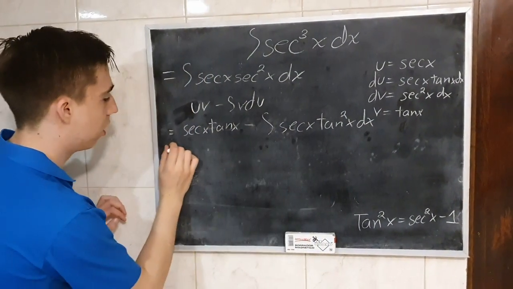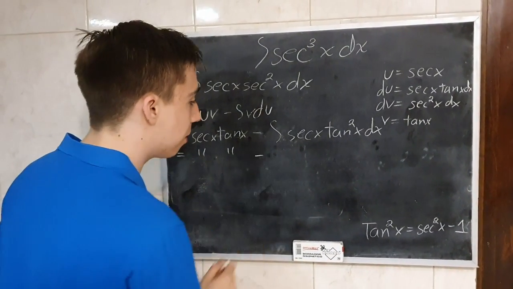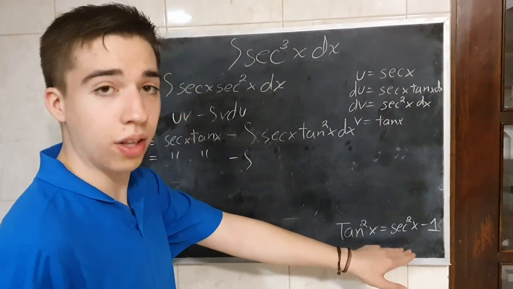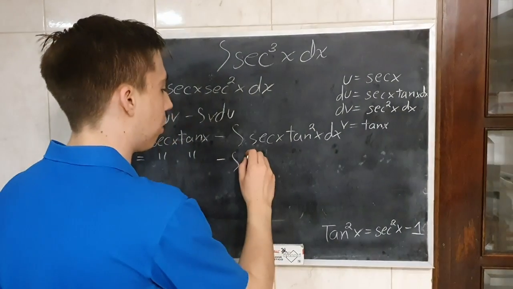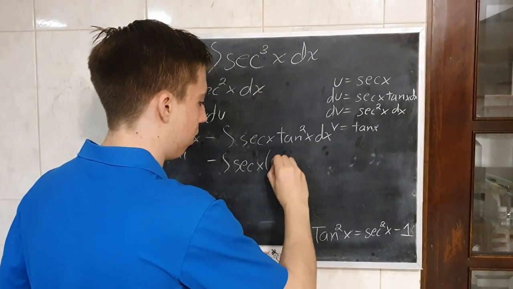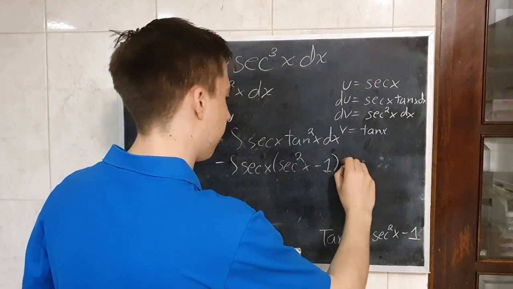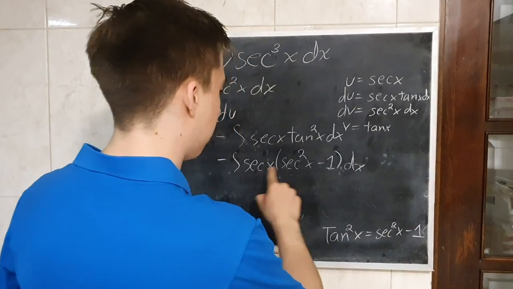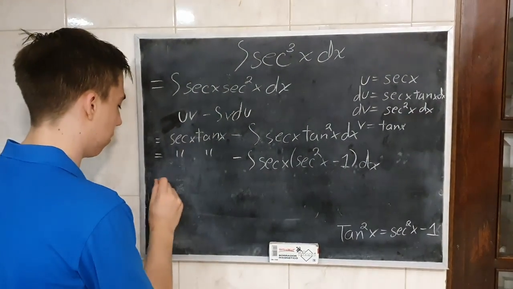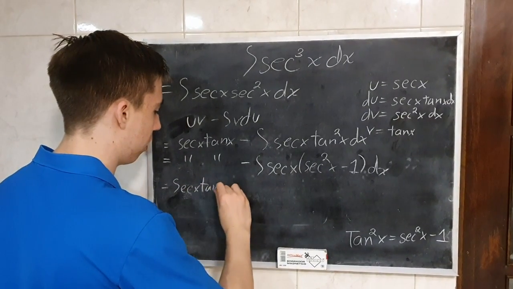So now we just need to solve for this integral. Okay, so this is just the same thing, minus, and we're gonna replace tan squared with its trigonometric identity. Okay, and we multiply and then separate it into two integrals. I'm just gonna do it in one shot.